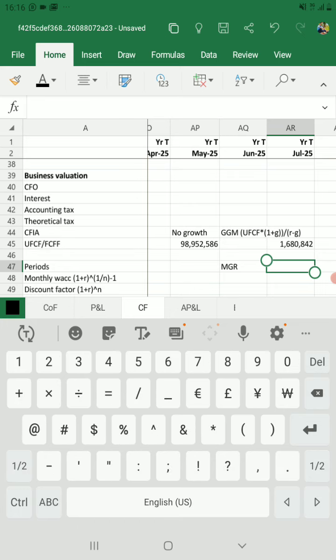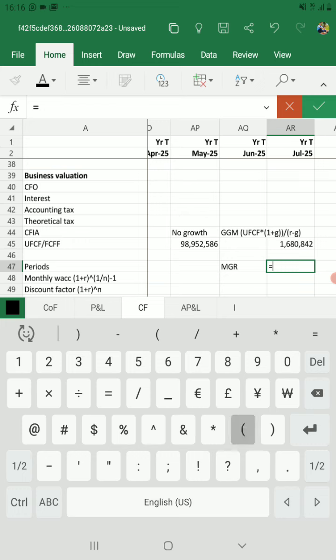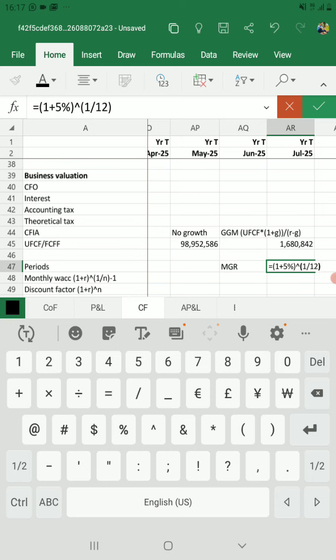So I start with an equal sign, open the bracket, 1 plus 5%, that is our annual growth rate, close the bracket, raise it to the power of, open the bracket, 1 divided by 12, close the bracket, and then minus 1.